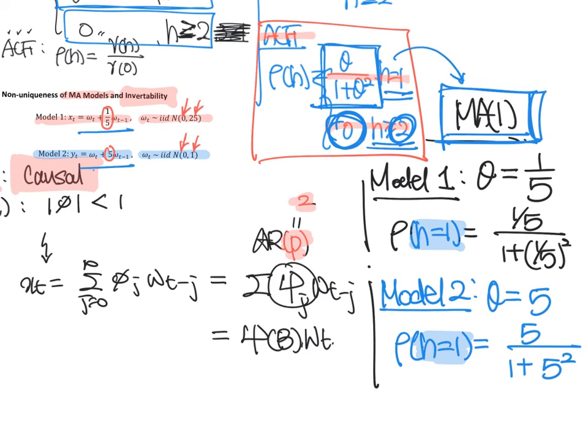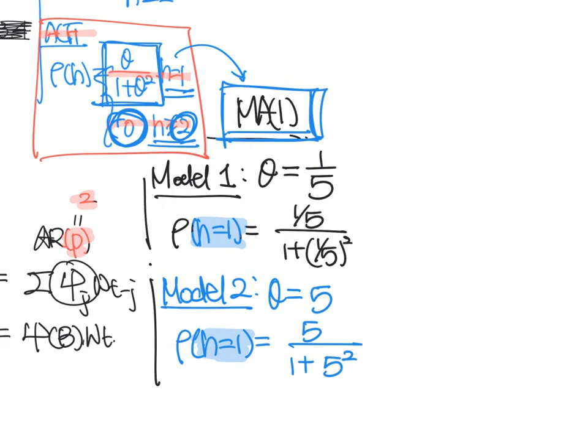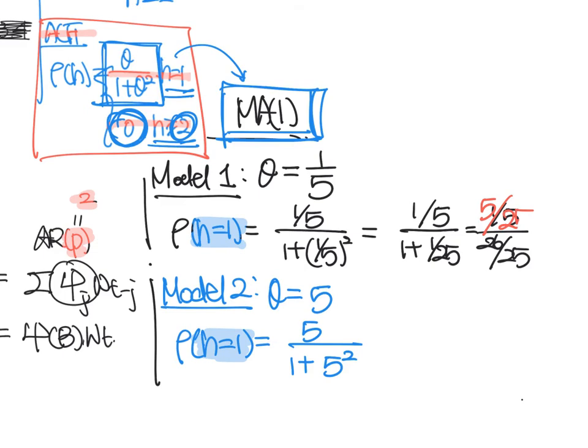So we had two different MA1 models, but now please look at this. It will be 1 over 5 over 1 plus 1 over 25, then 1 over 5 over 26 over 25. Then I can make a common denominator, so it will be 5 over 25, and now I can cancel out.